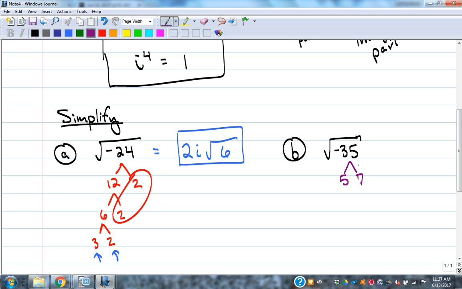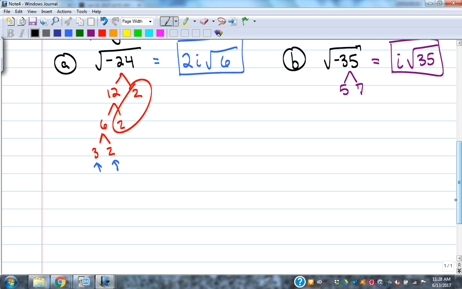But because it's -35, i comes out, and you're left with i radical 35. Just because there's a negative under there, you can pull an i out. And it simplifies just a tad. And that helps us get on the way to complex numbers, or imaginary numbers in this case.